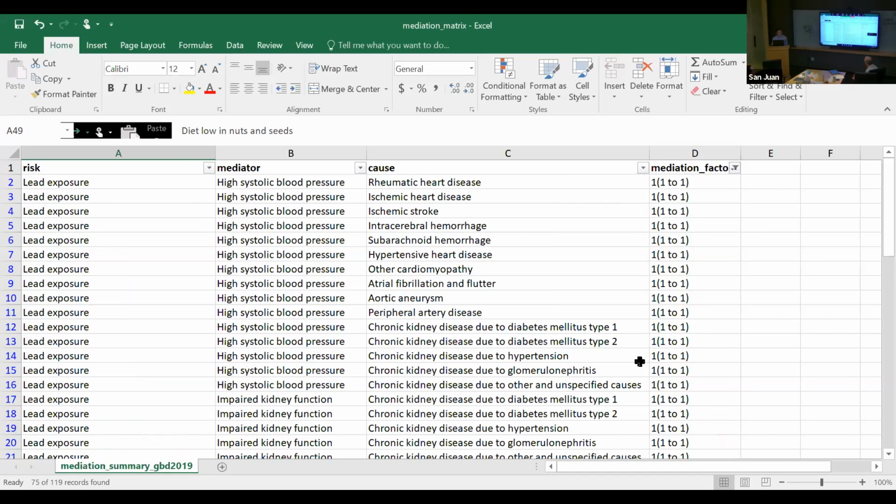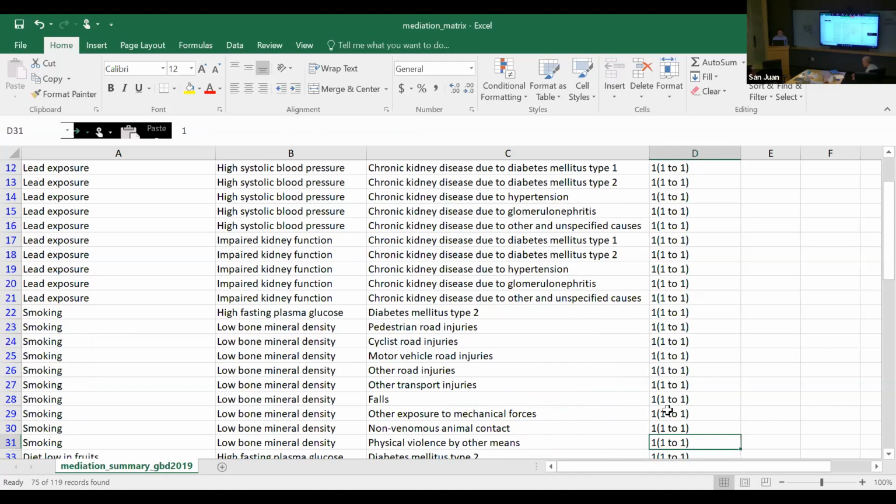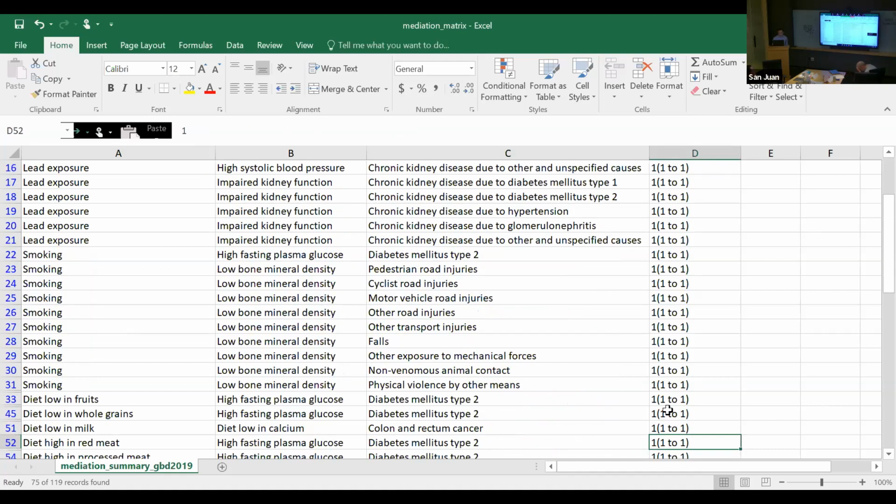Well, we have a number of these. I just filtered off the ones. The lead is through blood pressure. Right. Okay, and I think with this new analysis for chronic kidney disease, we ran the analysis with and without controlling for blood pressure.